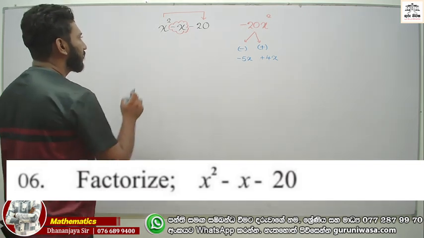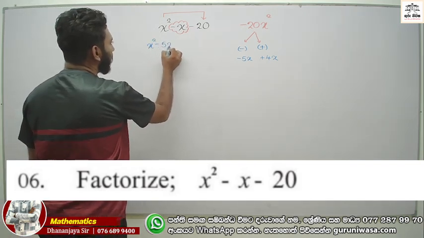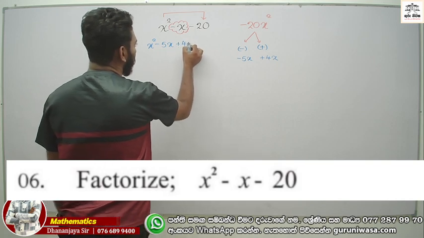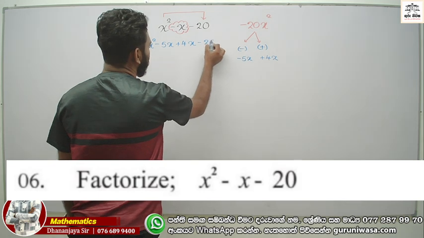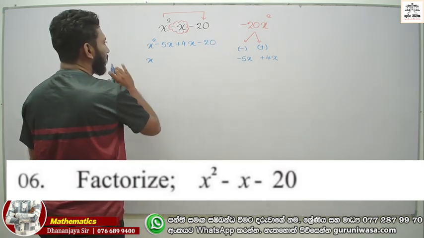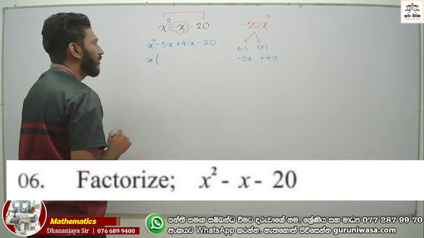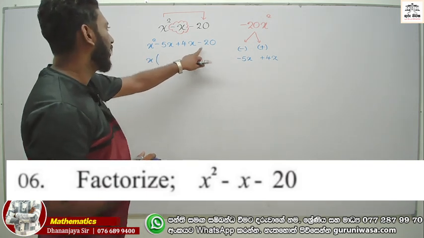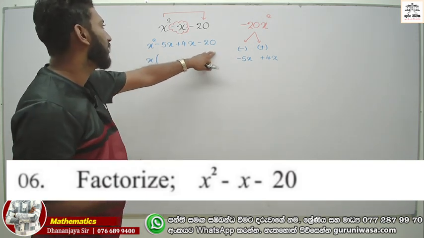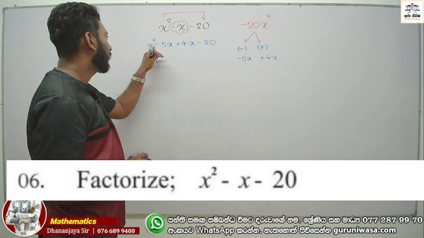Now I'm going to substitute: x squared minus 5x plus 4x minus 20. Now x is a common factor. Look at the first two terms. If we have four terms, we are looking for the first couple. Now x is a common factor.